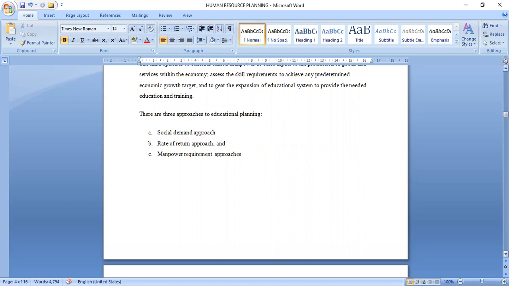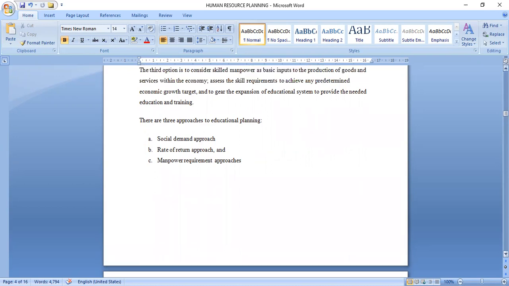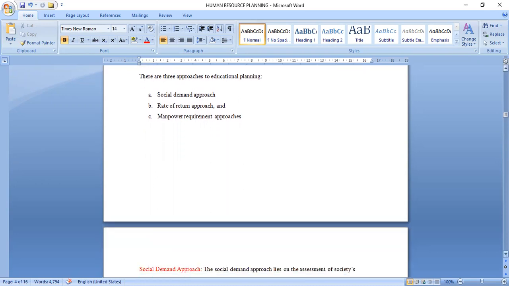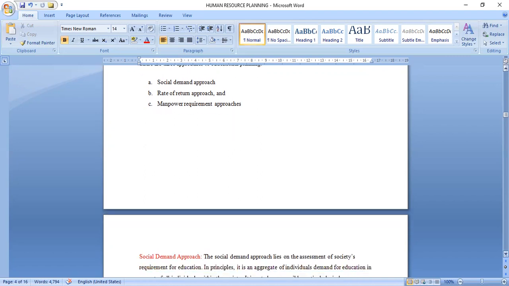They should respect skilled manpower as being important in the production of goods and services. So with education planning, we have three approaches: the social demand approach, the rate of return approach, and the manpower requirement approach.